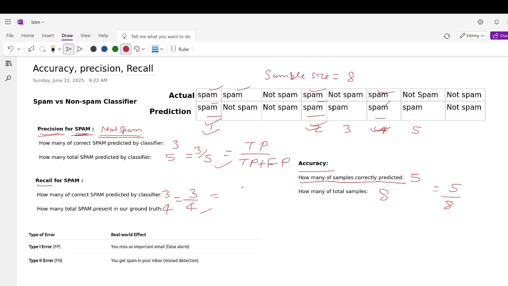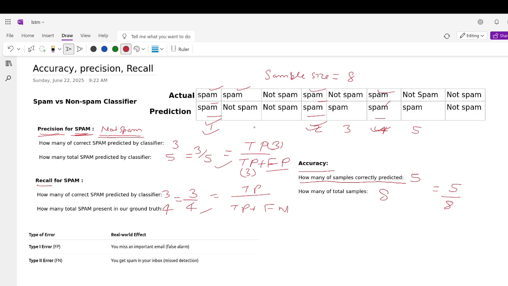Recall is simply true positive divided by true positive plus false negative. So here true positive is how many of them are actually spam and predicted by the model as spam as well. Those numbers are 3. What is true positive here? 3. What is false positive?